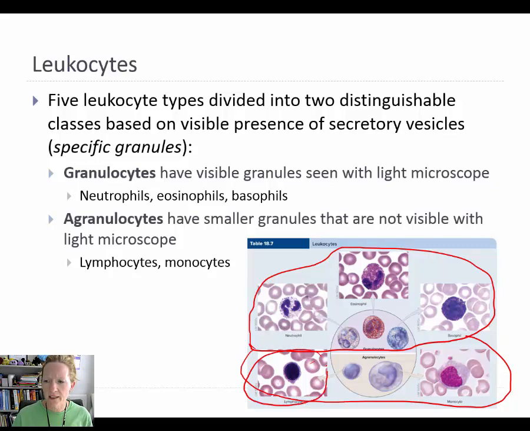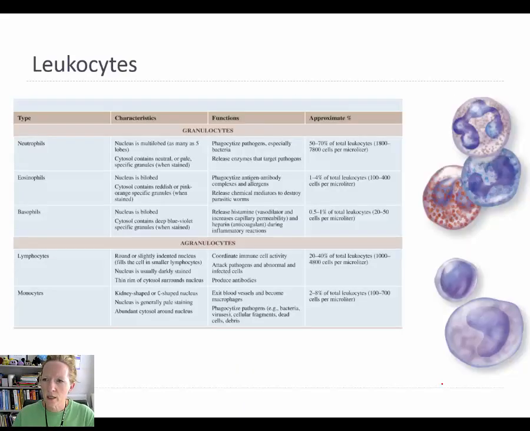Remember that the lymphocyte is going to come from that lymphoid stem cell line. And then everything else, the other 4, actually came from that myeloid stem cell line. All right, so let's take a look at them a little bit more by going in and looking at their characteristics and their functions.